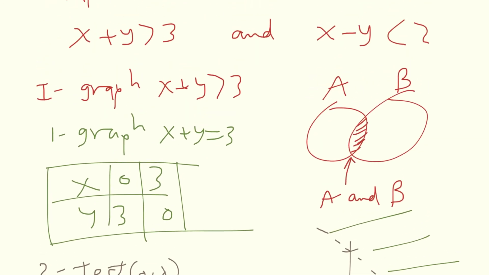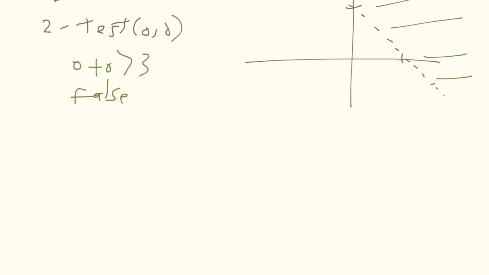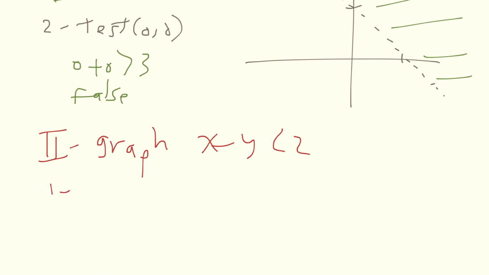Let's repeat this one more time for the second inequality, x minus y smaller than 2. Graph x minus y smaller than 2. Again, there are two steps here. The first step is to build the table, x and y, to graph this equation.